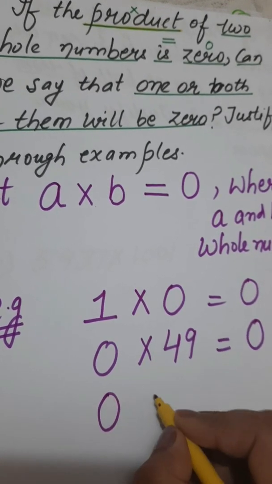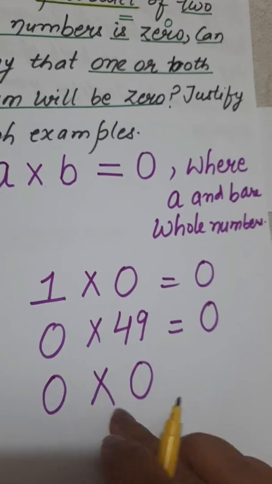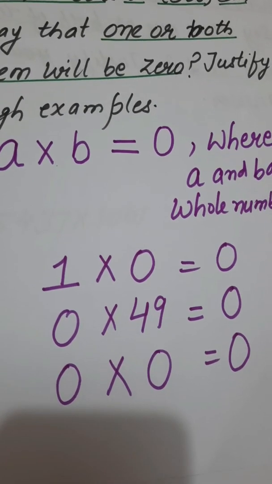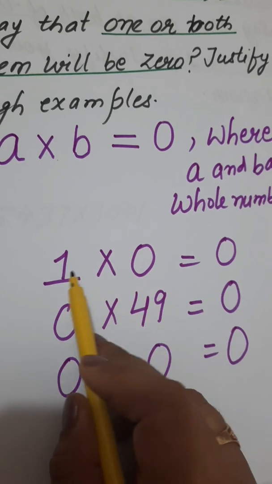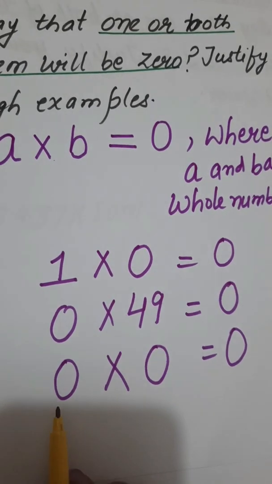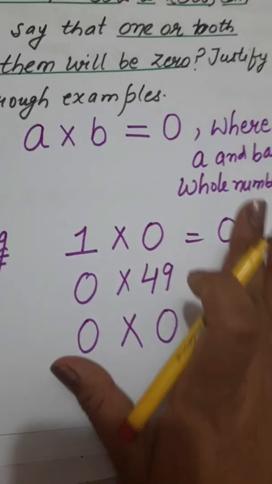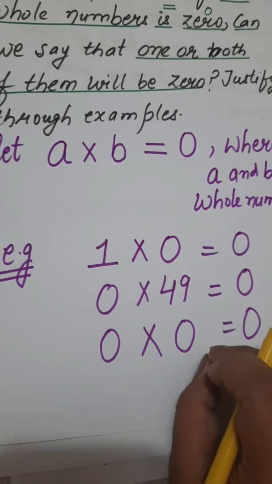If I multiply 0 with 0, again I will get 0. Means in which cases will I get 0? If I multiply 0 with any number, or 0 with 0, in both cases I will get 0. Either one or both of them will be 0.